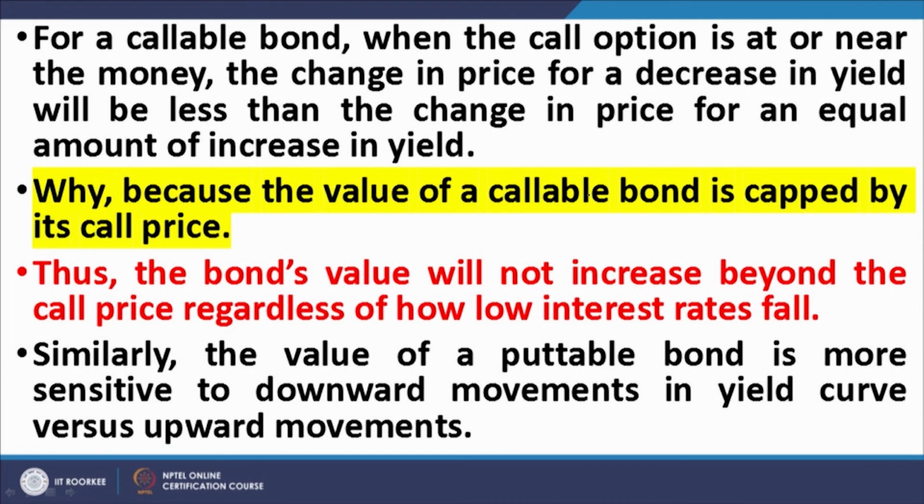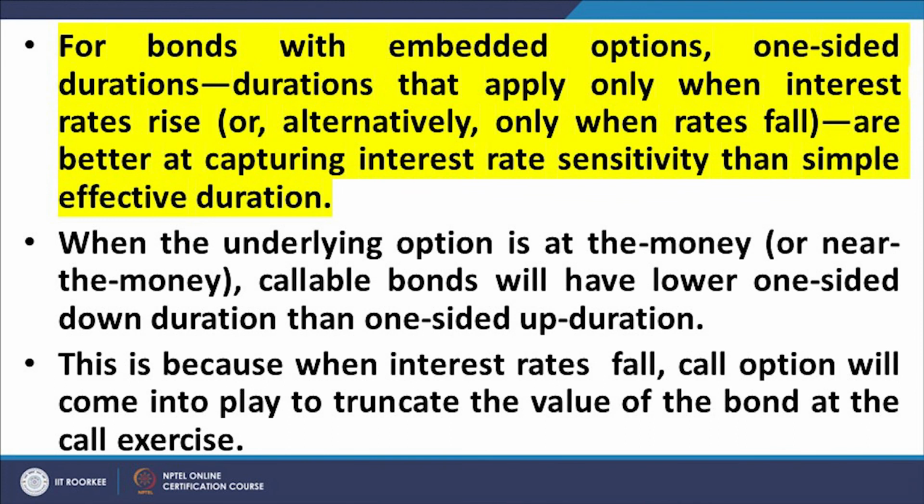And similarly, the value of a puttable bond is more sensitive to downward movements in the yield curve versus upward movements. For bonds with embedded options, one-sided durations that apply only when interest rates rise, or alternatively only when interest rates fall, are better at capturing interest rate sensitivity than simple effective duration.